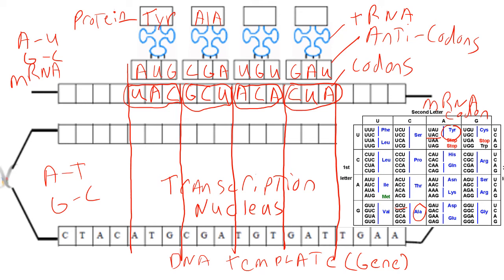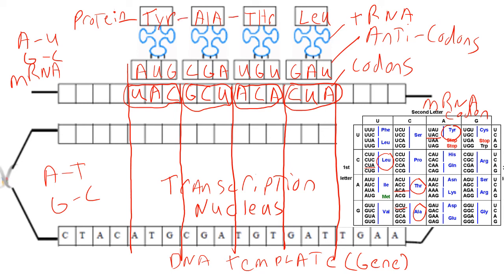Then we have ACA. ACA codes for threonine. Then we have CUA, which codes for leucine. And there you have it.